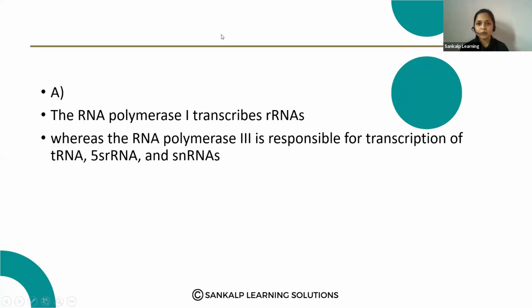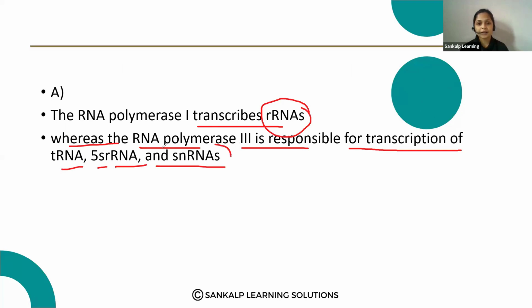RNA polymerase 1 transcribes the rRNA, whereas RNA polymerase 3 is responsible for the transcription of the tRNA, 5S rRNA and small nuclear RNAs.